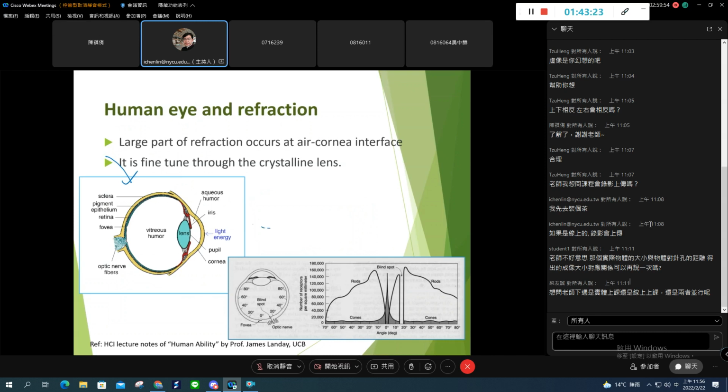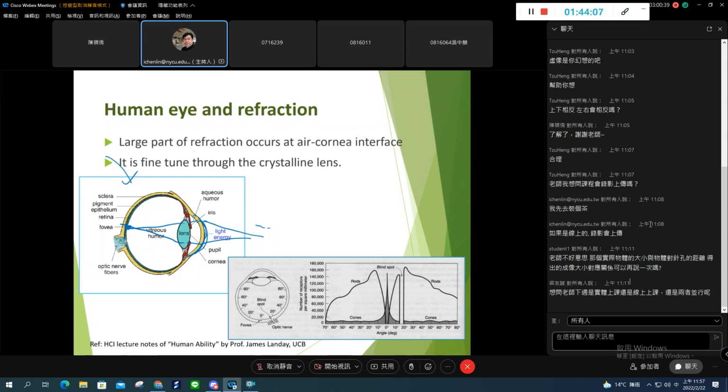The first is where the ray will first bend, or you can say refract, around the cornea, the 角膜. Then this is the first refraction, and then it goes to our second lens, the 水晶体, and then we converge, or focus, on our retina.